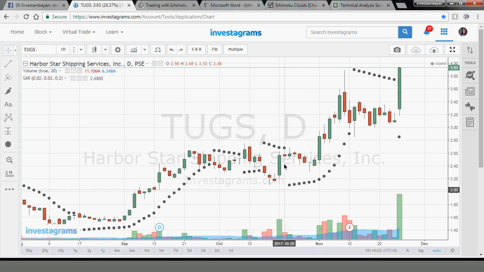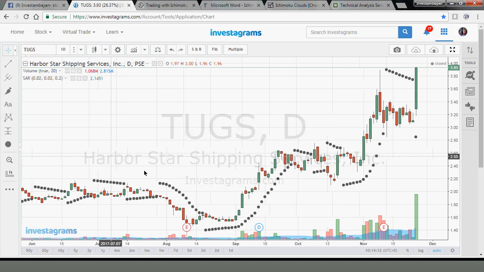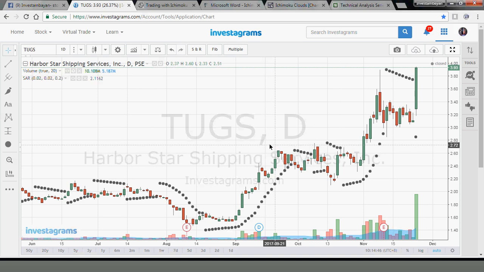So nakabili ka dito, either first parabolic, second parabolic, saan ka magbebenta? Kung magpapakita na yung upper parabolic. Kita natin dito, kung bumili tayo sa area na to, dito tayo magbenta. Yes, easy as that. Right? We're good? I think we're good with stop and reverse.